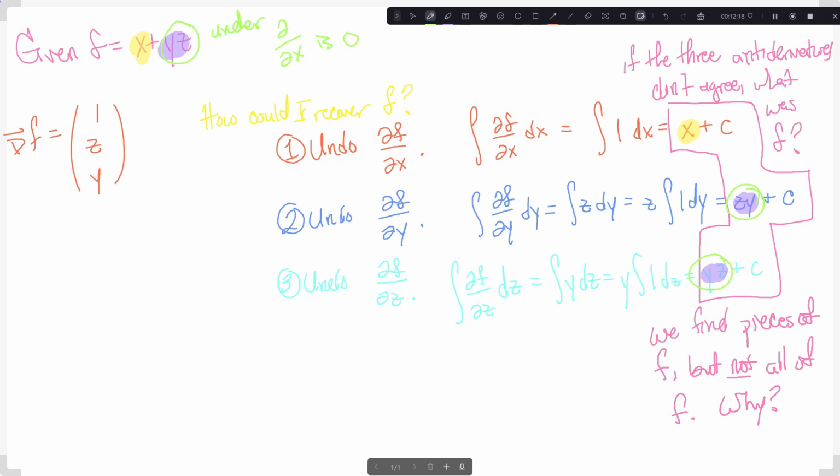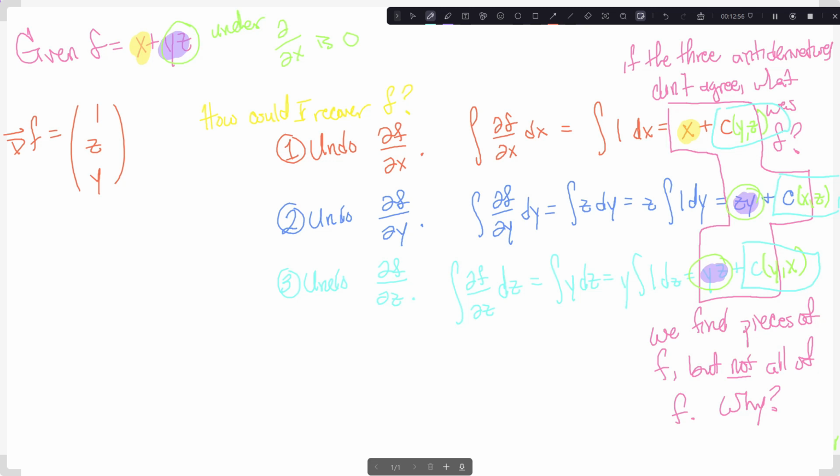And so this c over here in x is really c of any function of y and z. And the c in y is any function of x and z. And c in z is any function of y and x. And these c's are where we can start to figure out how to recover the real function.